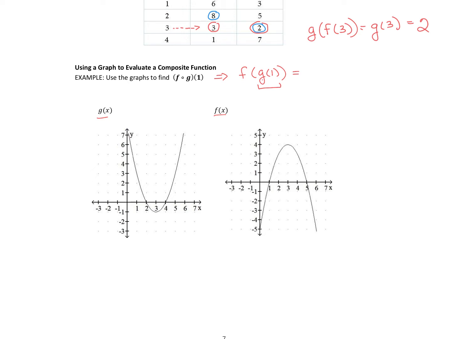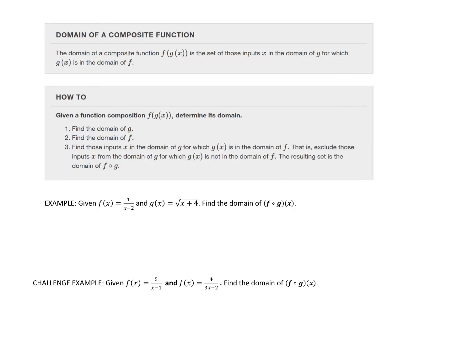At 1, I'm going to follow this up, and I'm going to get 3. So now I have f of 3. Then I look at my graph of f of x, and at 3, I follow it up, and our y value is 4. Our function value is 4. So that's how you use a graph to evaluate a composition.